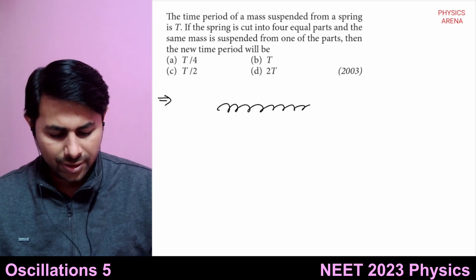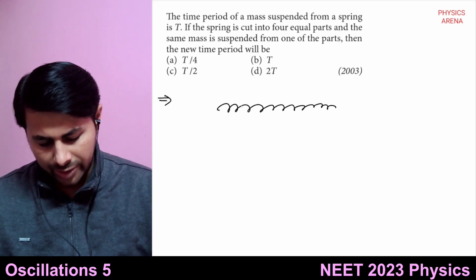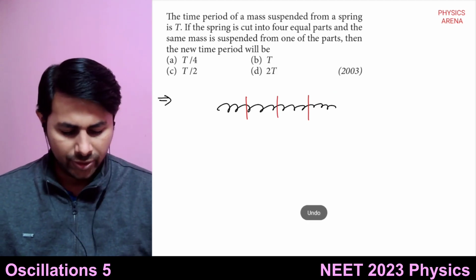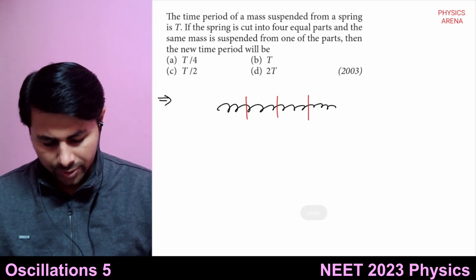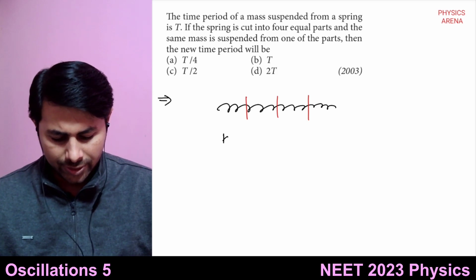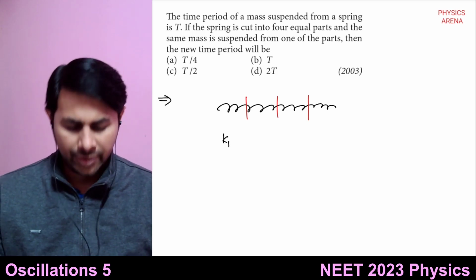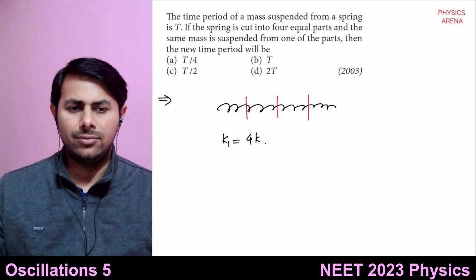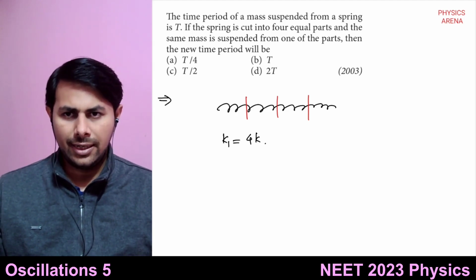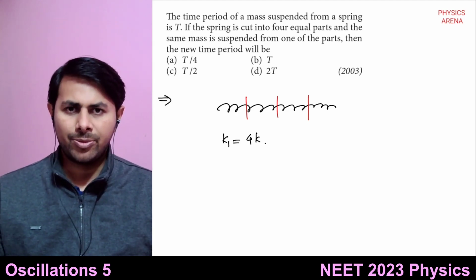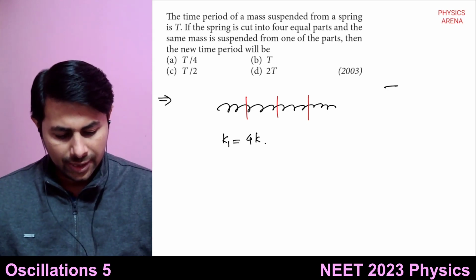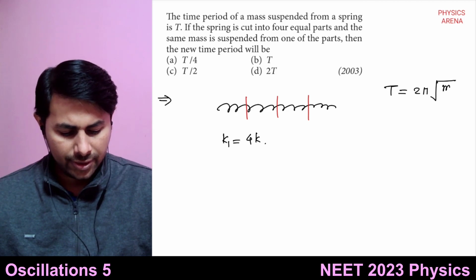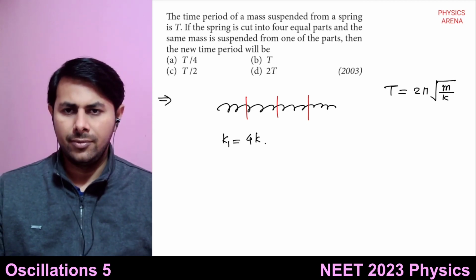The spring is cut into 4 equal parts, right? If you take any one of those, let's call it K1, it will be equal to what? 4 times K, right? Because it is inversely proportional to length, and you have T equals 2 pi square root of m by K. This is the formula.